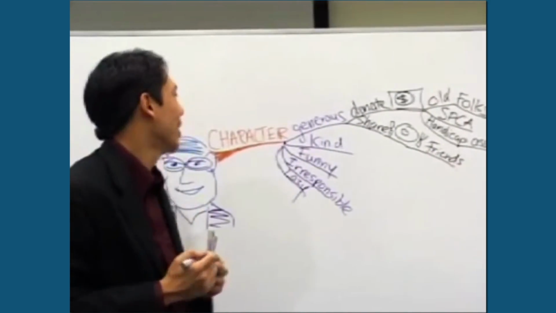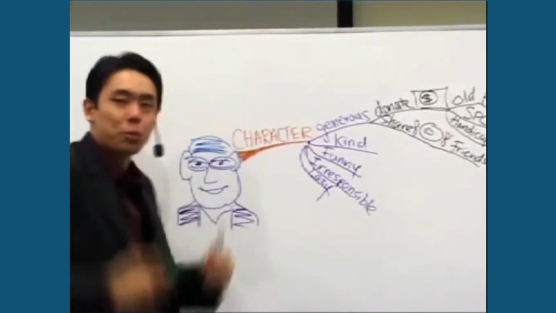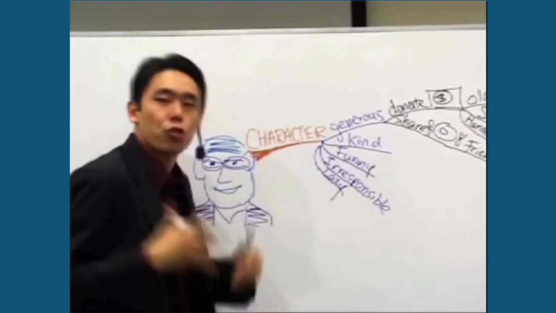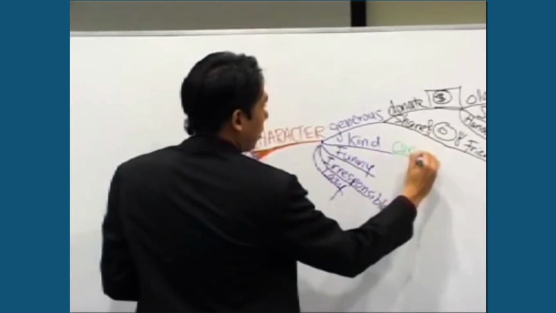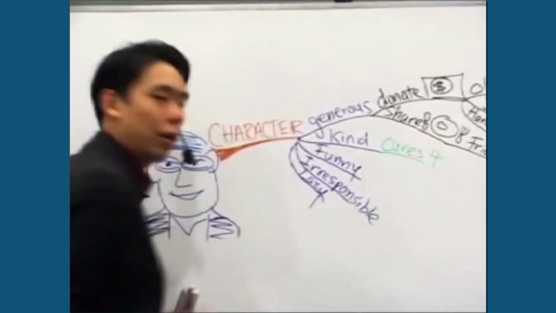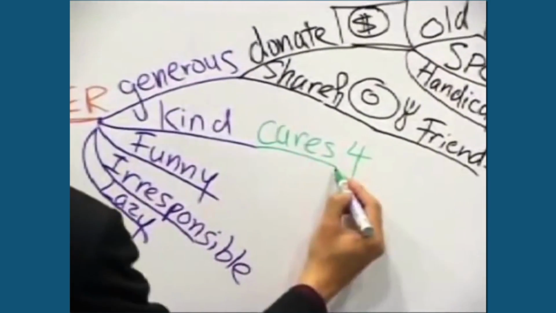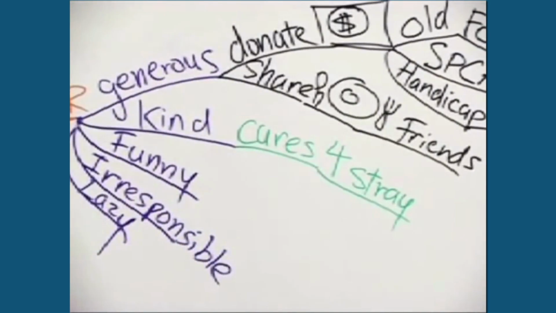Some crazy examples. Okay, under kind. Why is he kind? Again, I'm just making stuff up. Maybe he's very kind because he tends to take care of stray animals, alright? So, cares for. Now, use the word "for" to represent cares for. Again, it's a symbol. Cares for stray dogs, okay?